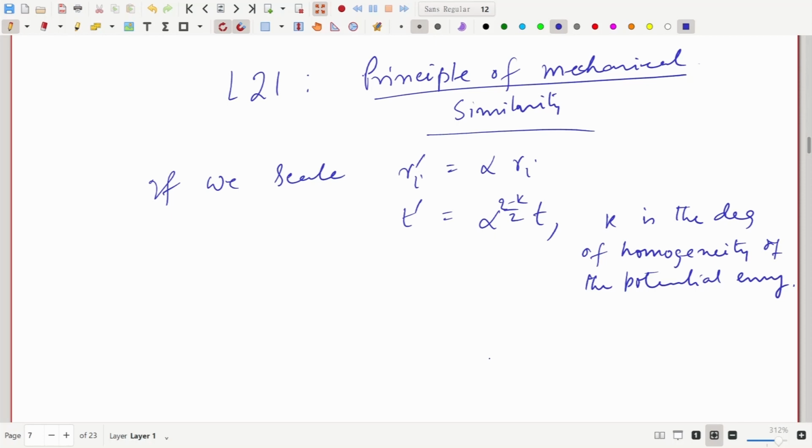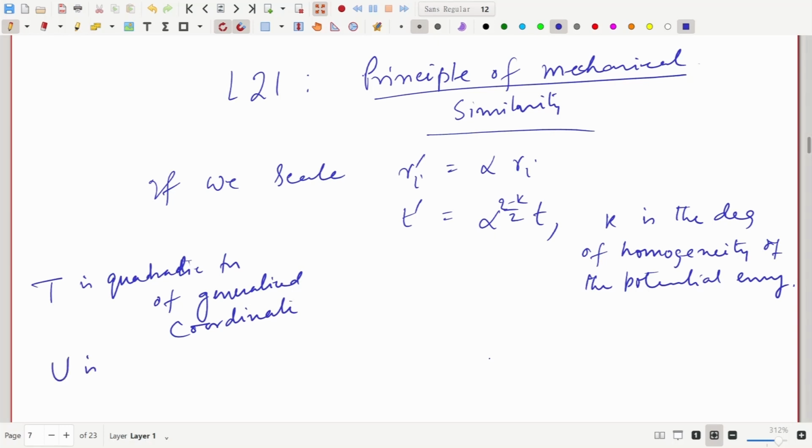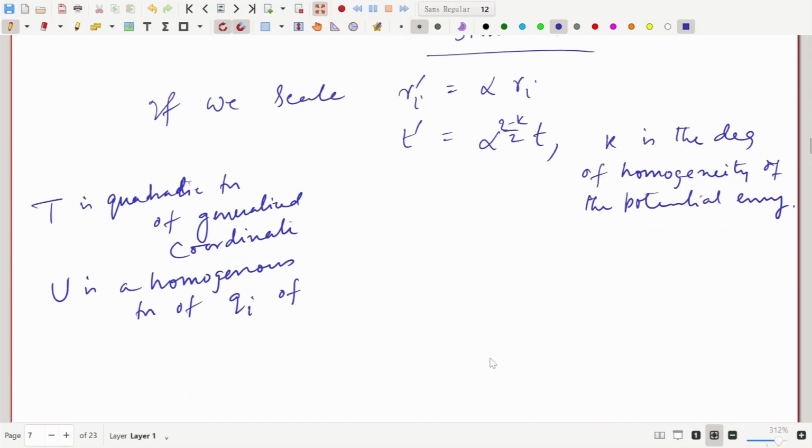So, we have assumed the system's kinetic energy T is a quadratic function of generalized coordinates, and U is a homogeneous function of Qi of degree k.